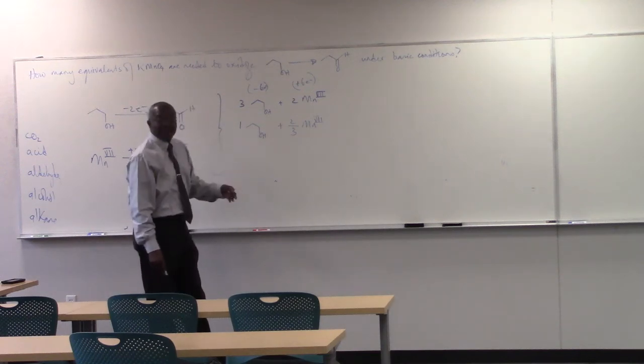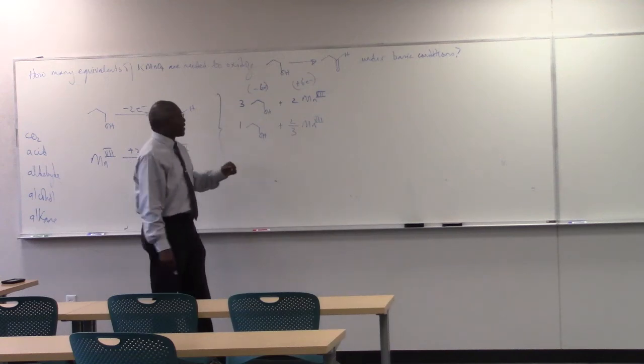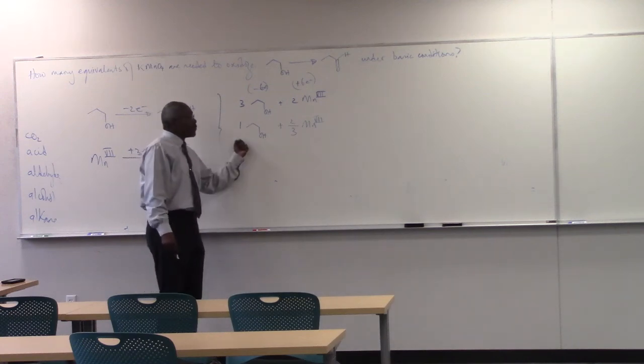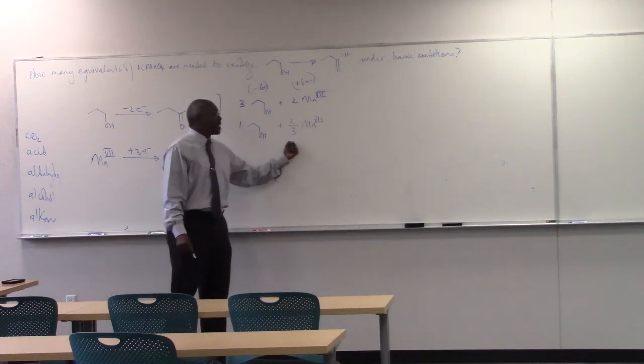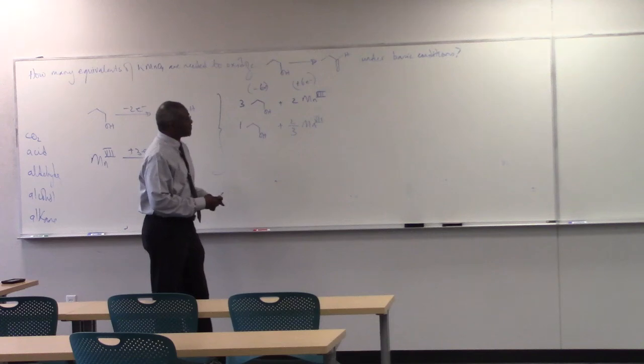You do exactly the same thing. Take the mass you're given, convert it into the number of moles, and that number of moles, if it's X number of moles, you multiply it by 2/3 to get the number of moles of manganese 7.